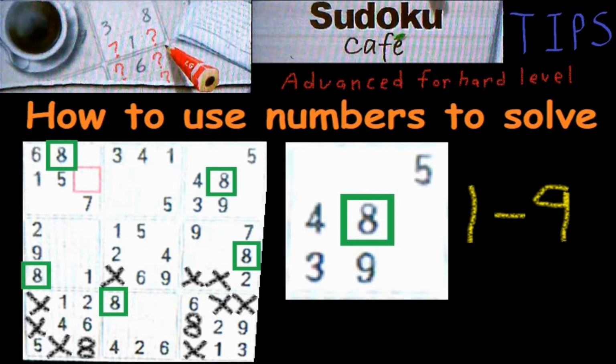All right, that's good, because that means now we just keep working. We can't put an 8 here, can't put an 8 here or here, because of this 8 right here. And if we continue on, we can't put an 8 right here because of this 8 right here.